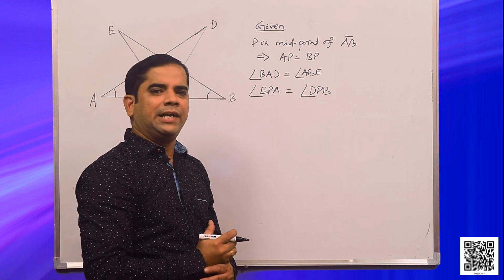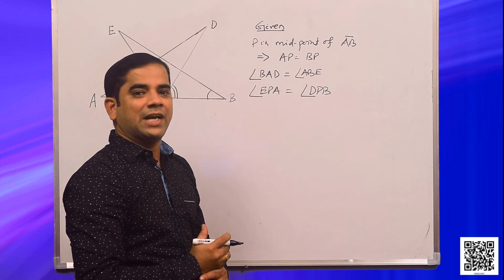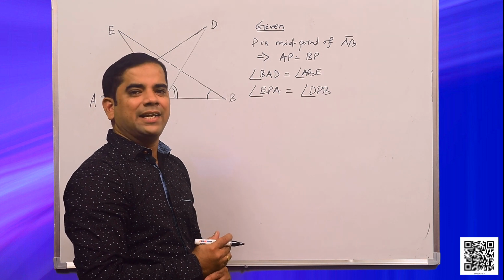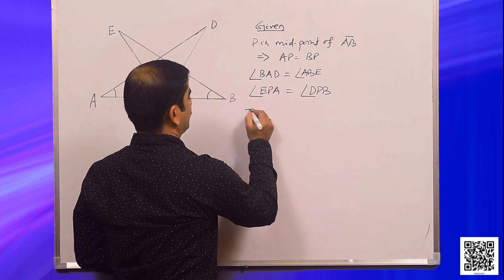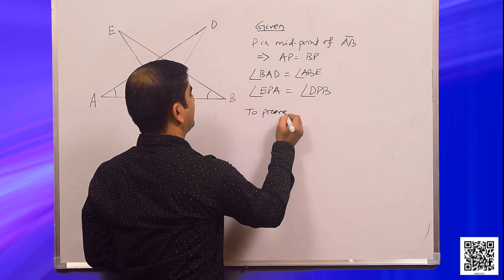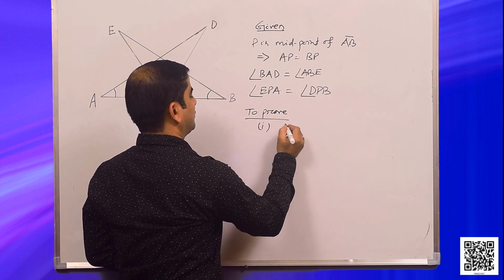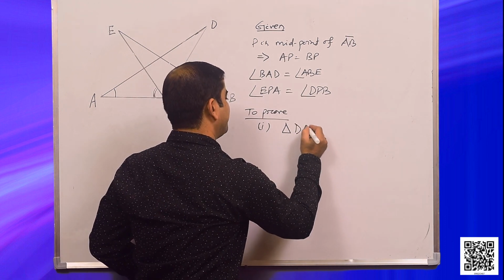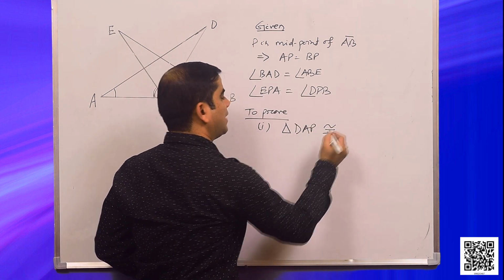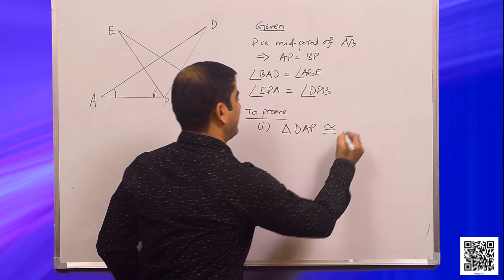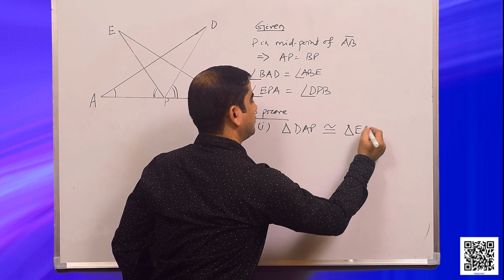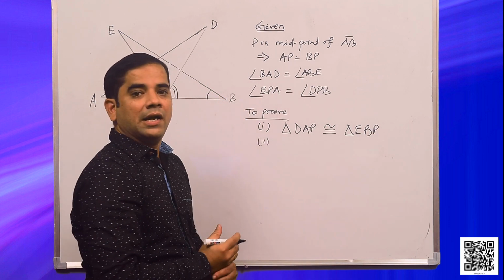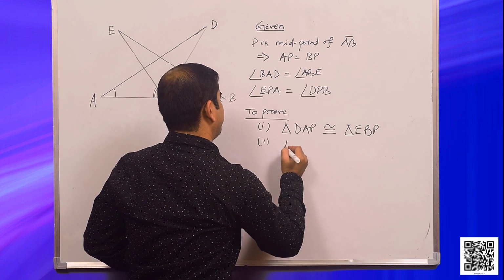And what we need to prove? First, triangle DAP is congruent to triangle EBP, and AD is equal to BE.